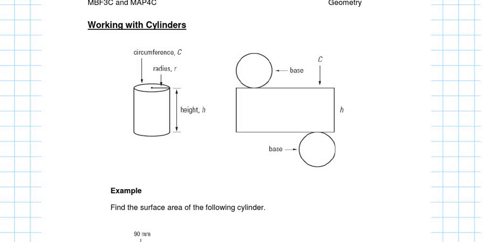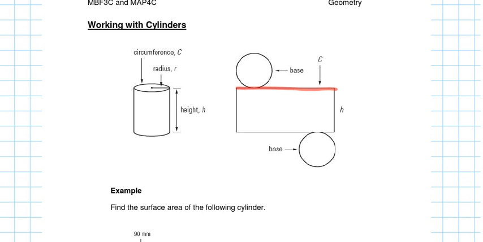So they give me the radius, which is this, but they don't give me this side, which I do need. But as I said yesterday, if you remember, that is the circumference of my circle, because when I close that, it's exactly the same as the circumference of the circle.